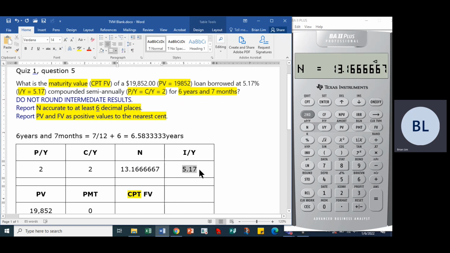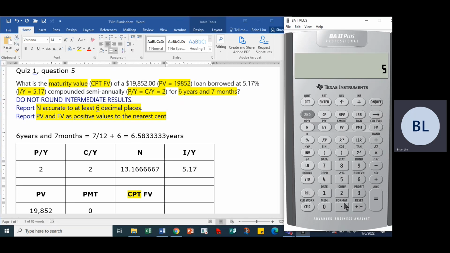Okay, IY is right here, 5.17, so 5.17 IY, and then the present value is 19852. That's the present value. We can put it in as negative, or we can put it in as positive if we wish.